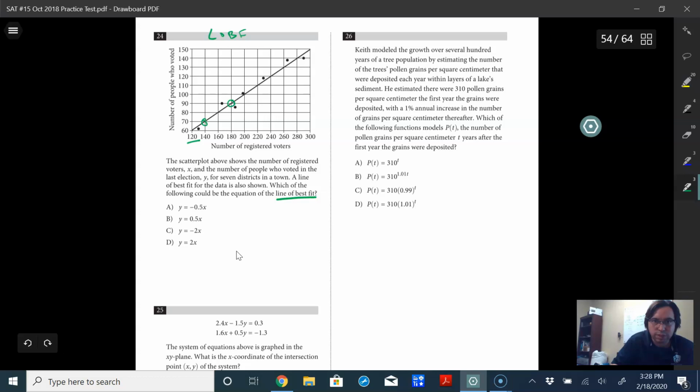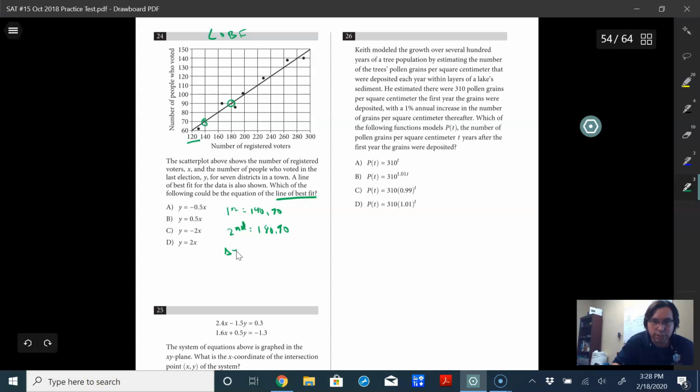So this one we can see is going to be 140. The first point looks to be 140 and 70. And the second one we've chosen, it doesn't really matter, we just want to choose something that looks pretty clean: 180 and 90. So this is x1, y1, x2, y2.